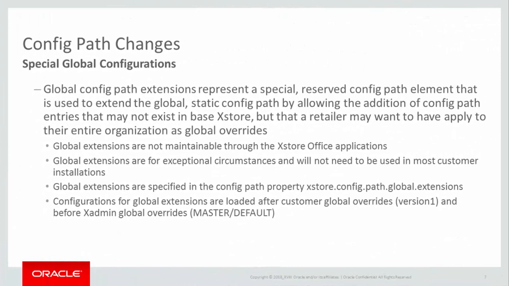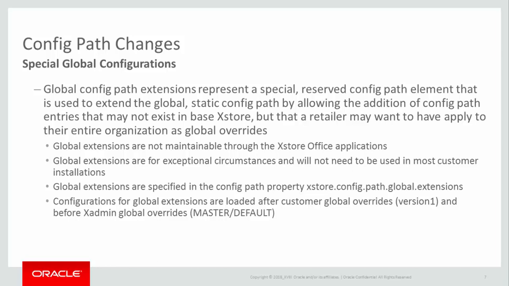Global config path extensions represent a special reserved config path element that is used to extend the global static config path by allowing the addition of config path entries that may not exist in base XStore, but that a retailer may want to have applied to their entire organization as global overrides. Global extensions are not maintainable through the XStore Office applications.